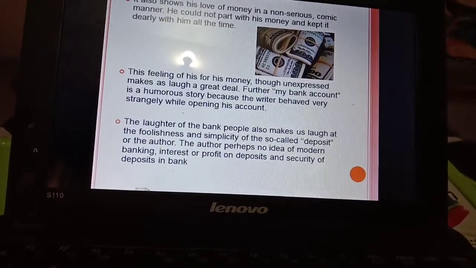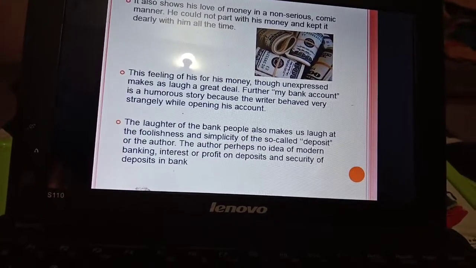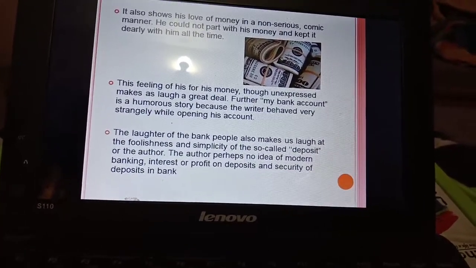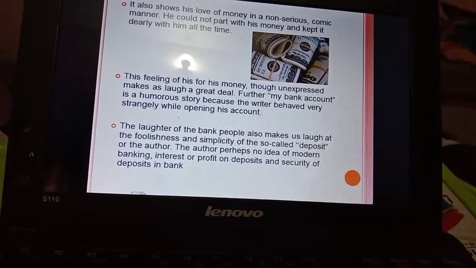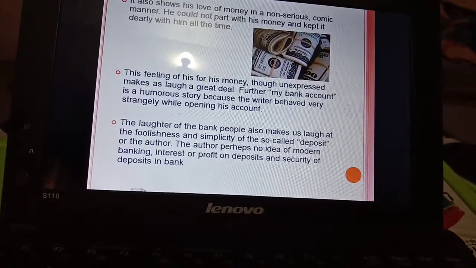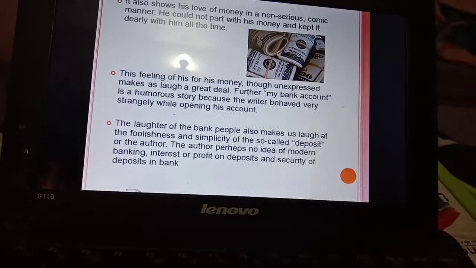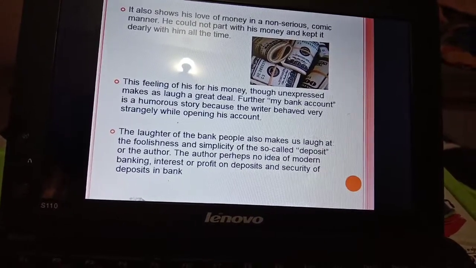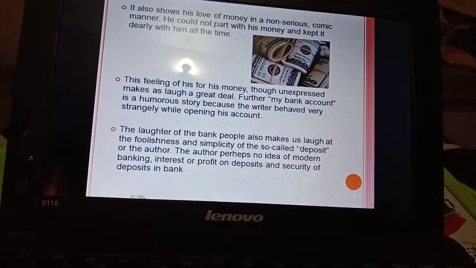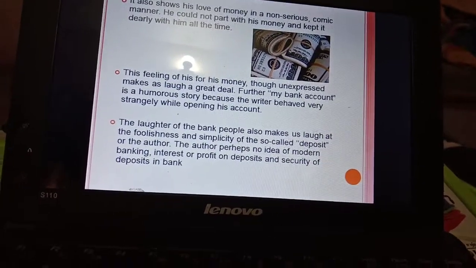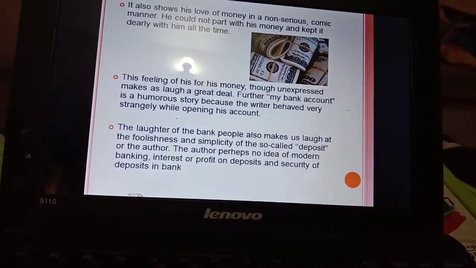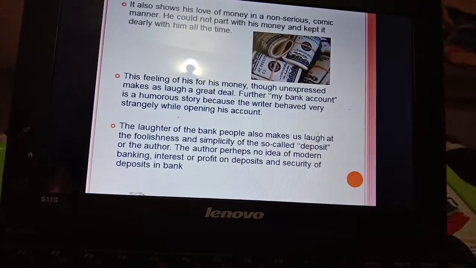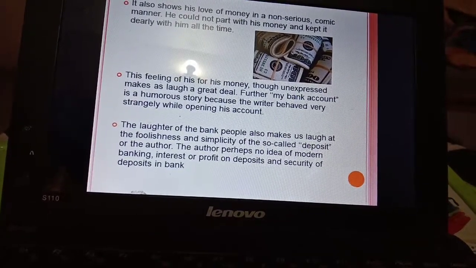Actually, the behavior of the author in this lesson shows that he has keen love for his money, and therefore he did not want to part from his money, and wanted to keep it with himself. And maybe he wants to share the experience with you, of how we open a bank account, what would happen, and what the people would do with their money.